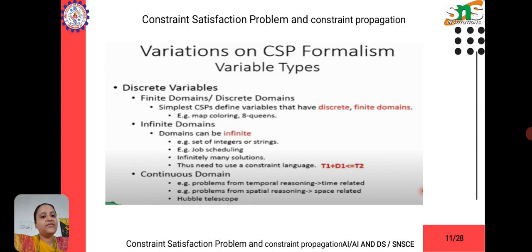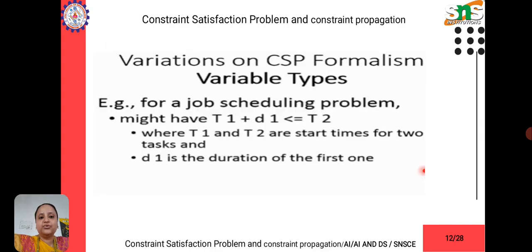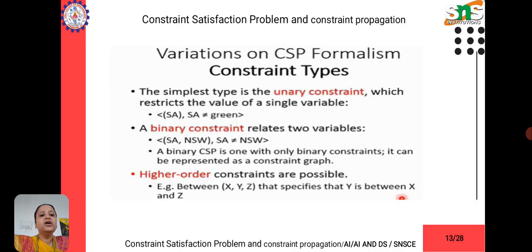Infinite means you will have infinitely many values, and in a continuous domain the process continues then and there. An example of an infinite domain is job scheduling. We will see what job scheduling is. Job scheduling is very easy, like you have studied in operating systems. It is like a process which has to be completed in a specified duration, and only after that should the next process be done.